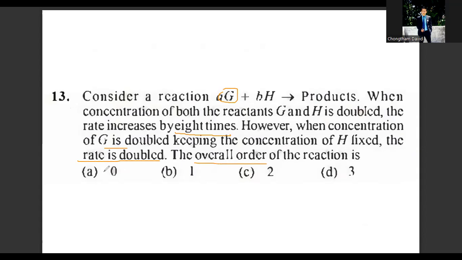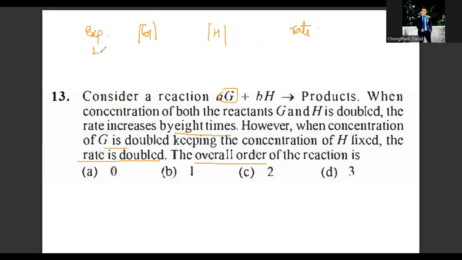See, overall order is the sum of orders with respect to its reactants present in the rate law. So now let us consider the order to be x for G and y with respect to H. Now to calculate this question, let us make a table: experiment, concentration of G, concentration of H, and rate.